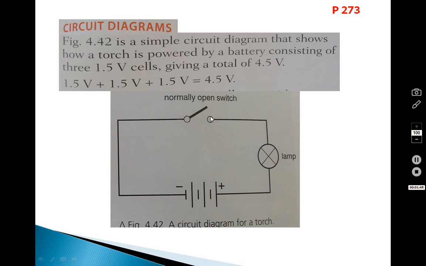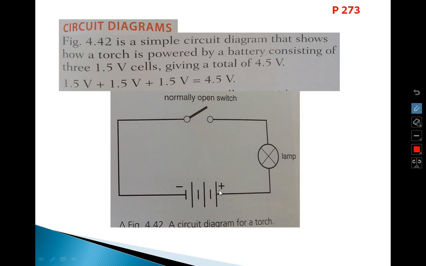The circuit here has a normal switch. This is a switch, on and off. This is a lamp, and this is the power supply, or cell, or battery. This is the source of voltage, and it is used to push the current through this circuit.